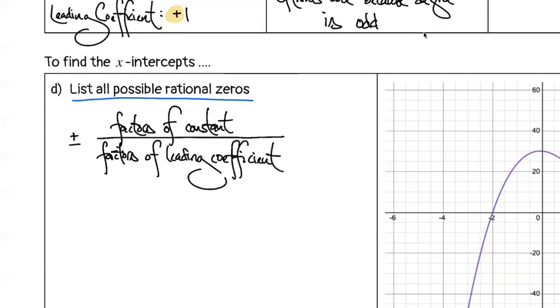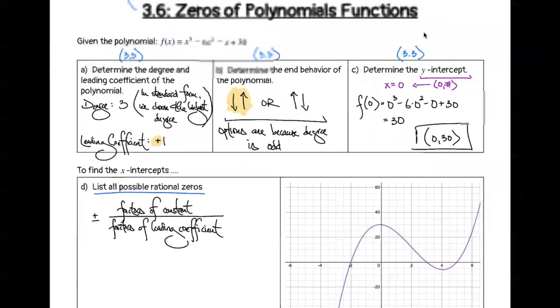Now this requires us to go back to our equation. And the factors of the constant, what's the constant in my polynomial right now? It's 30, right? So that number on the end is where we're going to get the factors of 30 are going to go on the top.